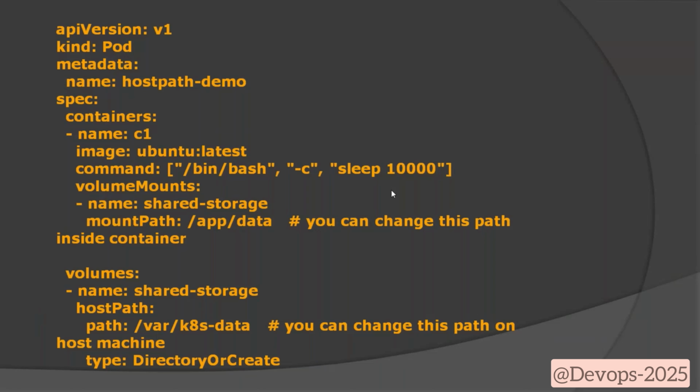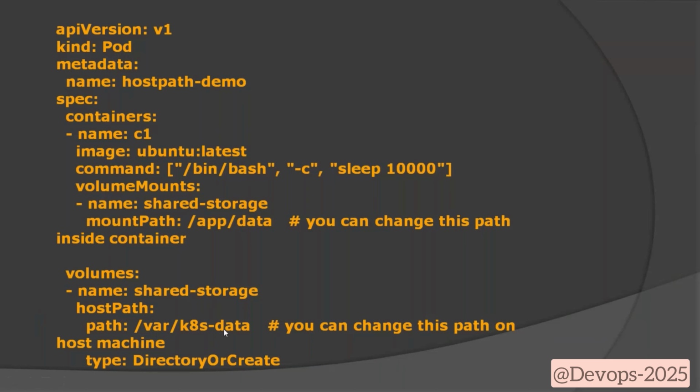Then we define one volume at the pod level and name it shared-storage. The type of this volume is hostPath, which means it connects to a real folder on the host machine. The path on the host machine is /var/k8s-data.